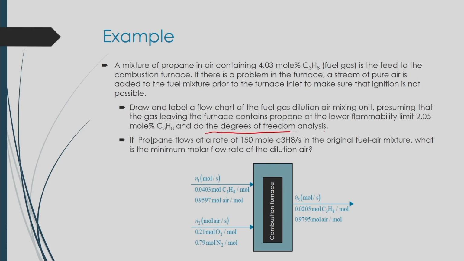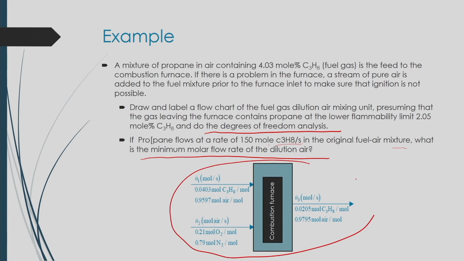That degrees of freedom analysis will be done later on, but in this case you have to do the material balance just by drawing and labeling a flow chart of the fuel gas dilution air mixing unit. If propane flows at a rate of 150 moles in the original fuel air mixture, then you have to find out the minimum molar flow rate of the dilution air. Now, according to this problem, this flow chart is given here in the slides.